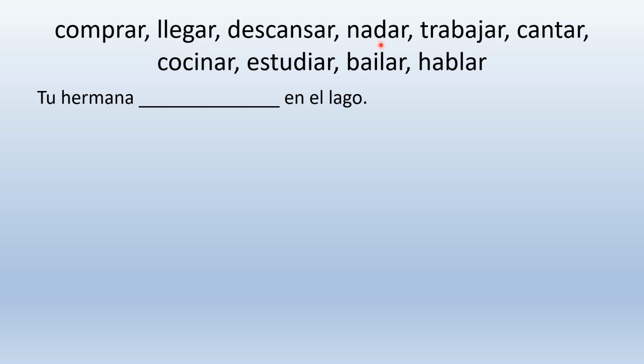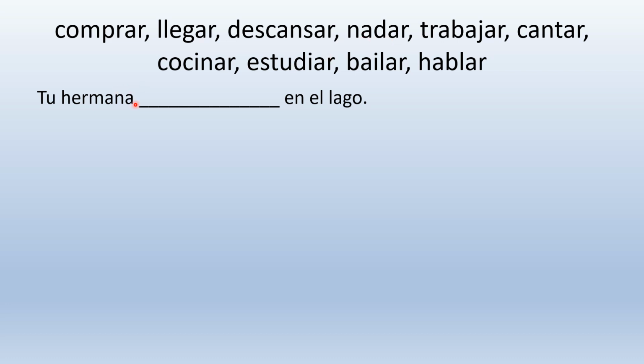Okay, so how do we conjugate that, though, to agree with tu hermana? Tu hermana can be substituted. We can substitute ella, she, okay? Your sister, she. Ella, remember the ending that we add to the stem of the verb is a. And the stem of nadar, if we take the AR off, is NAD, and we would add a.